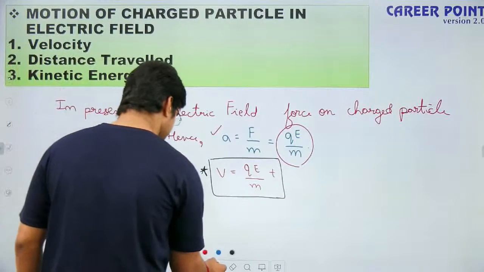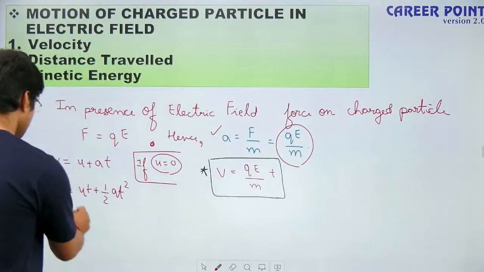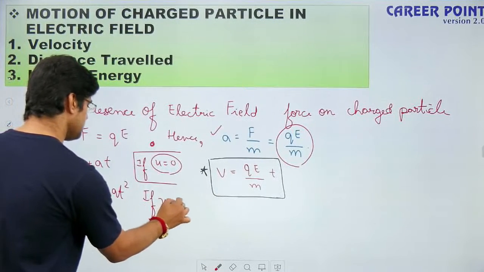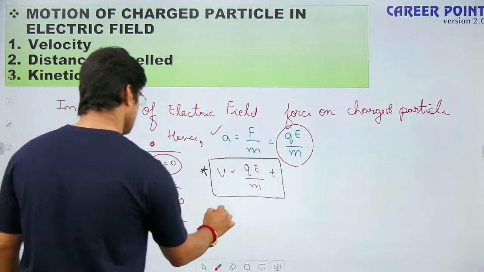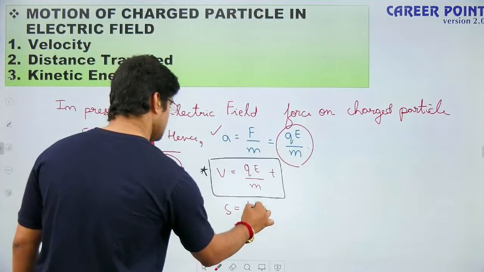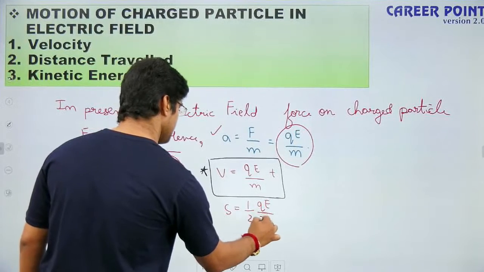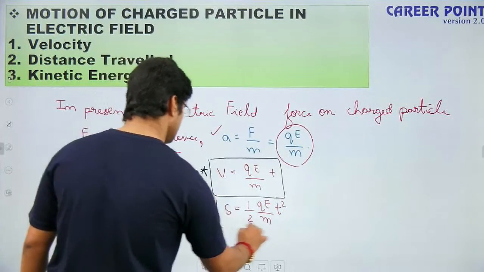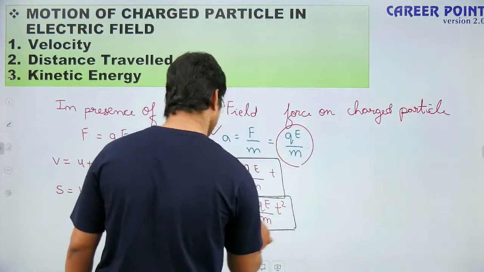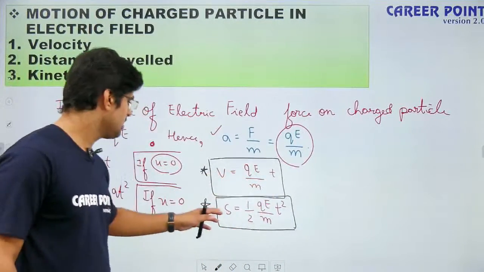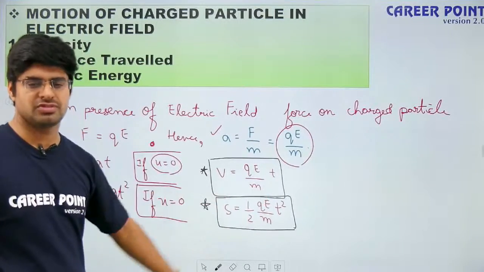What else? We can mention distance as well. If u is equal to 0, S is equal to half QE upon m into t square. So V is equal to QE by m into t, and S is equal to half QE by m into t square.